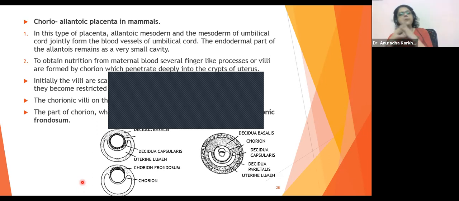So they'll actually pierce the tissue, like how you use a fork for cutting something. Like that, they will pierce inside the uterus tissue. And that is how they'll keep on moving to absorb more and more nourishment.